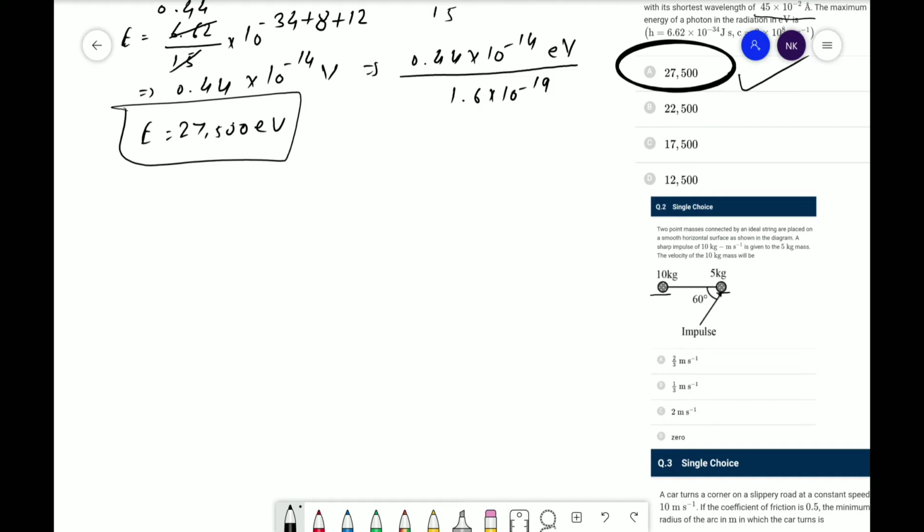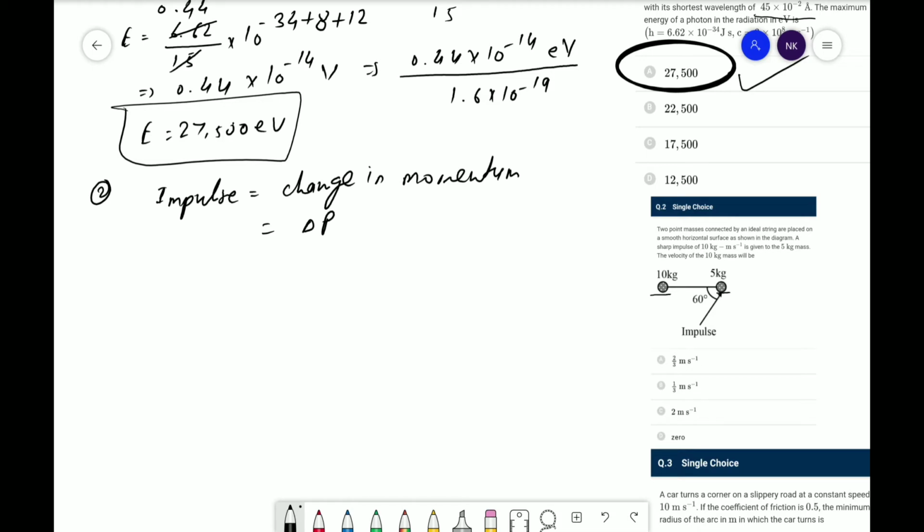Okay, so impulse can be defined as change in momentum. Change in momentum is nothing but delta p, and delta p can be defined as m into v.